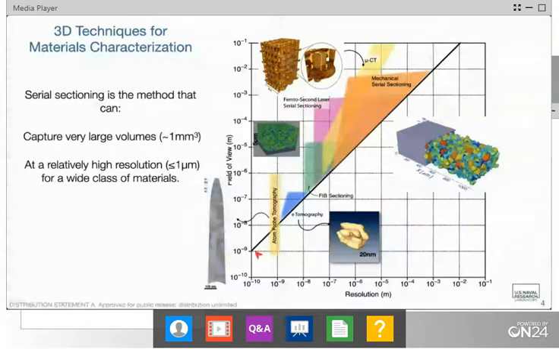There's FIB serial sectioning, if you're moving up length scales, where you can look at things on the micron level. And as you move up, there's also femtosecond laser machining, which was really pioneered by Teresa Pollock at UCSB. And that's another milling technique. And then at the larger scales, you have things like microtomography and mechanical serial sectioning.